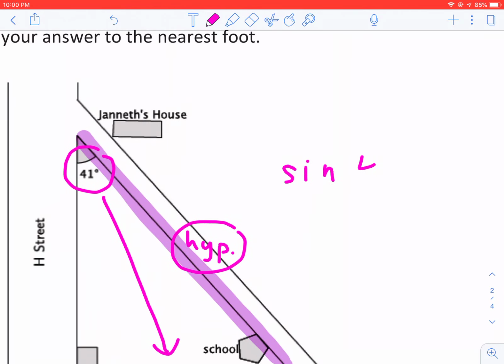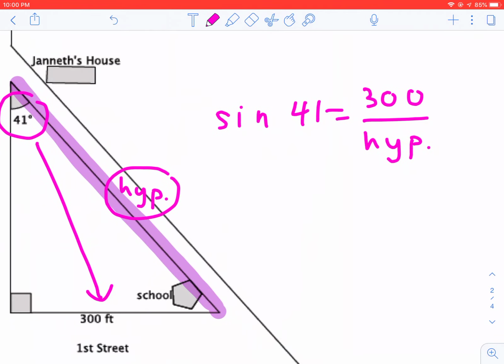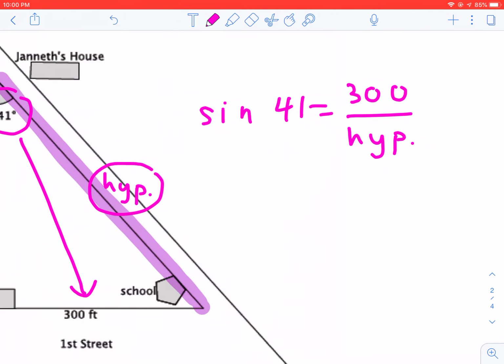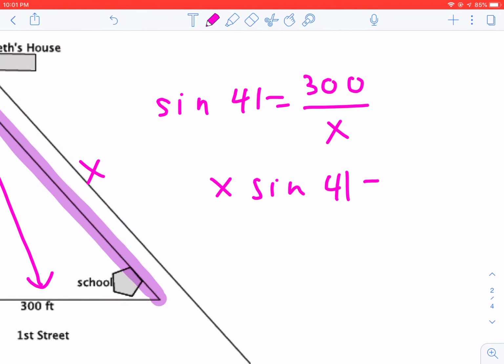So I can say sine of 41 equals the opposite 300 over the hypotenuse. And so solving for the hypotenuse, I don't know why I'm calling it hypotenuse. Let me just call it x. So we get x times sine of 41 when I cross multiply equals 300.